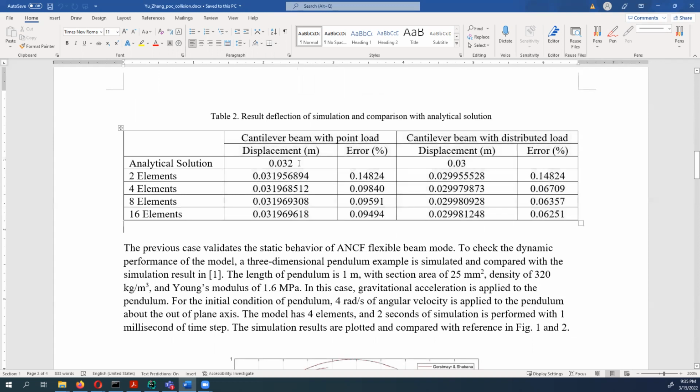And as I show here, the displacement difference between the analytical solution and the numerical simulation are fairly close.